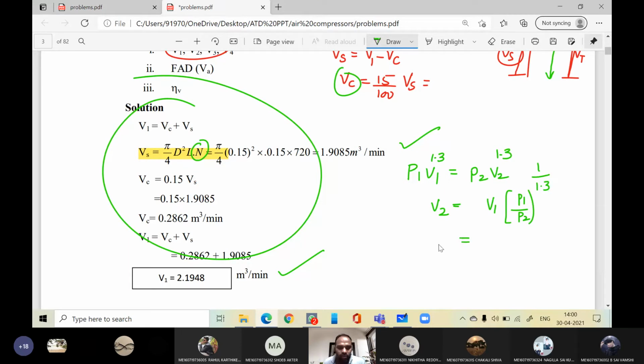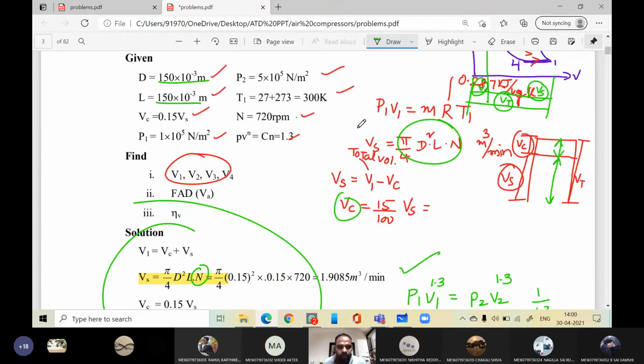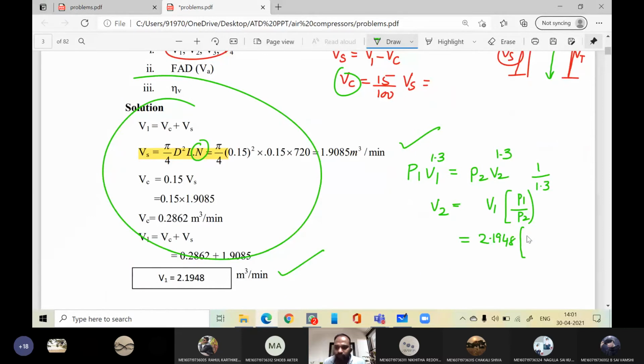V1 value we just got, 2.1948, divided by P1 by P2. P1 is 1, P2 is 5. So 1 by 5 whole power 1 by 1.3. So you will get V2 also in terms of meter cube per minute.